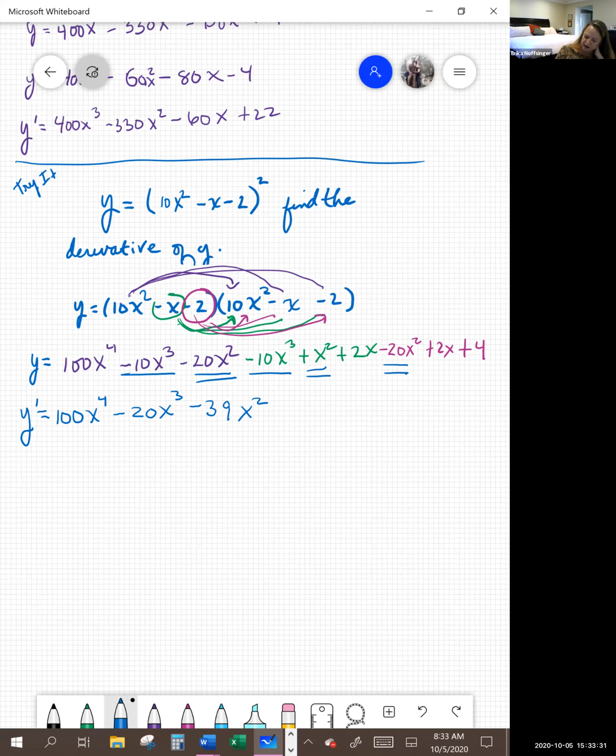Then we just have plus 2x, and then plus 4. Oops, we have a 2x plus a 2x, which is a 4x. And that was not our derivative yet, so let me get rid of that prime.